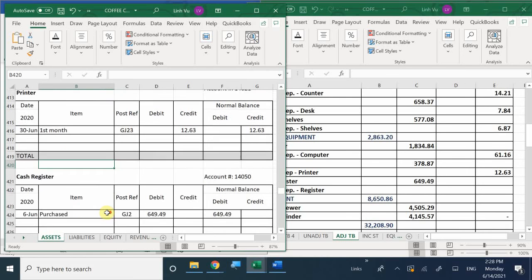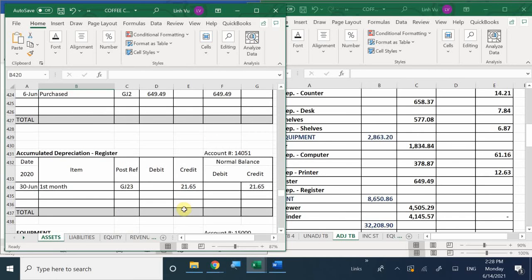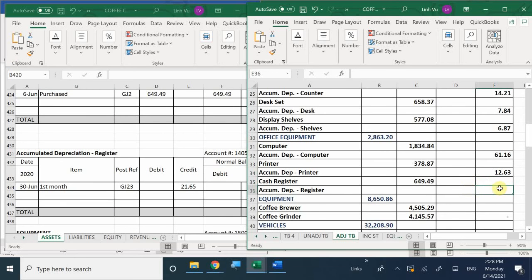Okay. Our cash register is still $649.49. But we calculated the depreciation on that one to be 21.65. So once again, we only have 3 items under office equipment.